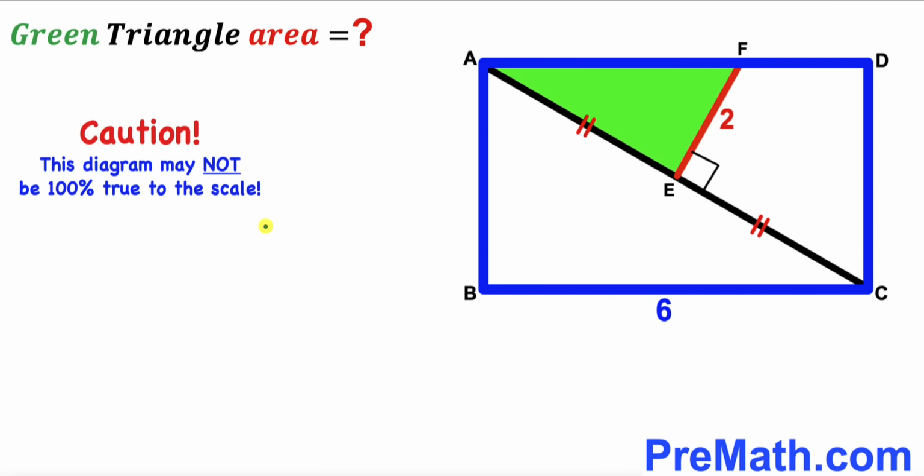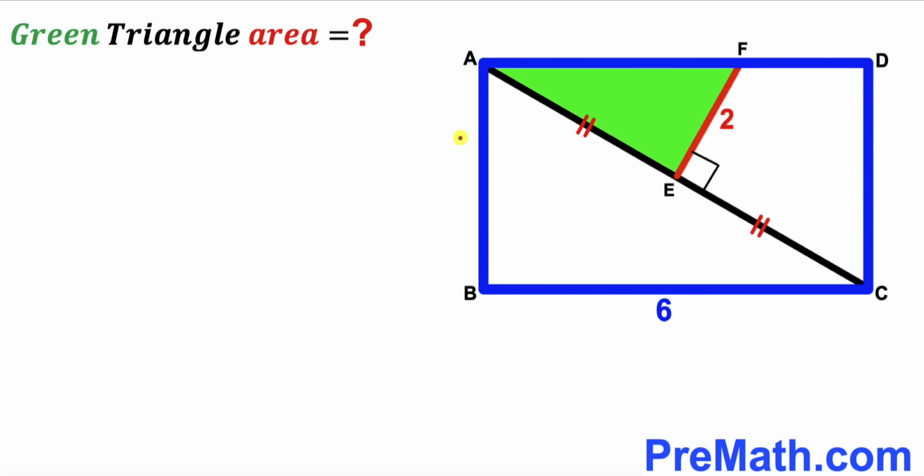And please keep in mind that this figure may not be 100% true to the scale. Let's go ahead and get started. And here's our very first step. Since we are interested in calculating the area of this green shaded triangle, let's recall the area of a triangle formula. Area is always equal to a half times base times the height of the triangle.